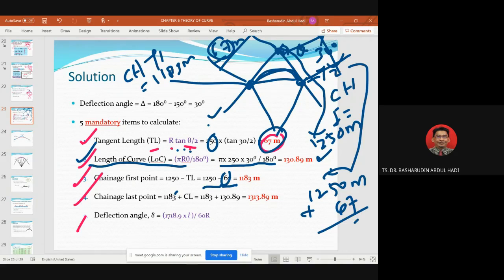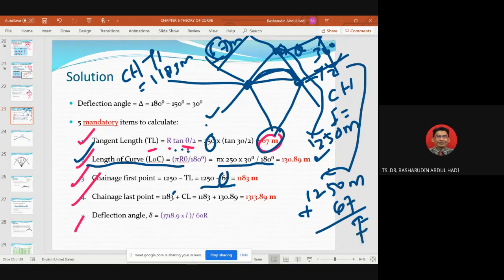So when you plus this, you get 7, then 11, we have 3, we have 1. So the chainage at point T2 is this one, 1317 meter.